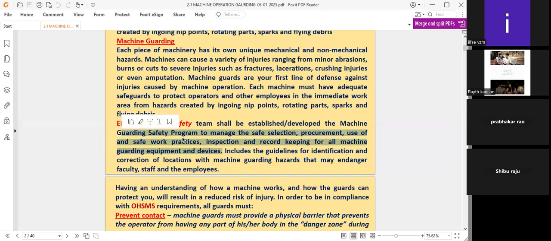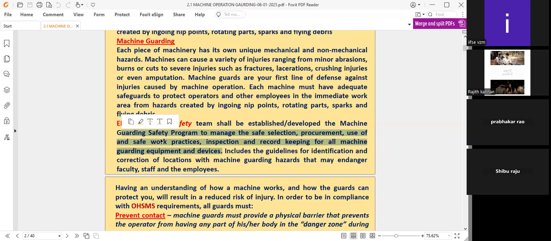While selecting the guard for that machine, see what the manufacturer suggested about the guard. That should be safe selection, and procurement will also be necessary, to see whether it is suitable. You also have to see the use of safe work practices, because while removing and putting back, the machine guard part is very important.